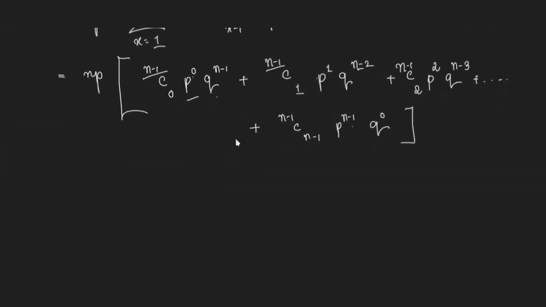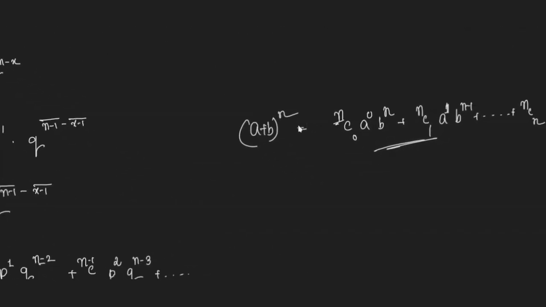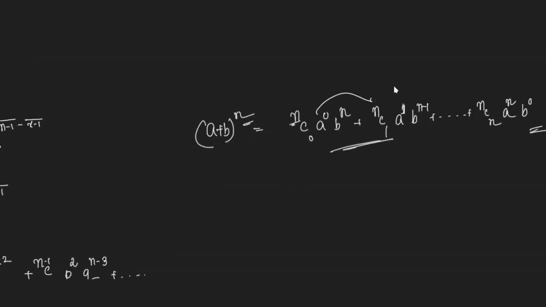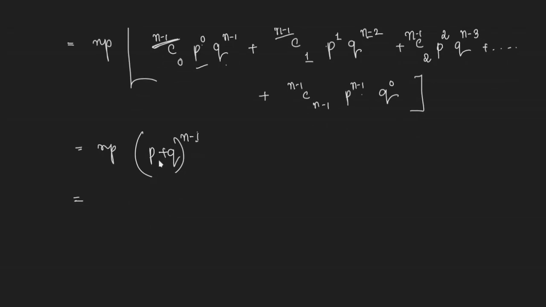So this is nothing but the binomial expansion of p plus q to the power n minus 1. That is the power, so p to the power n minus 1, with the power of p increasing and the power of q decreasing.